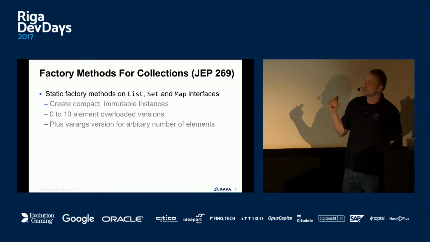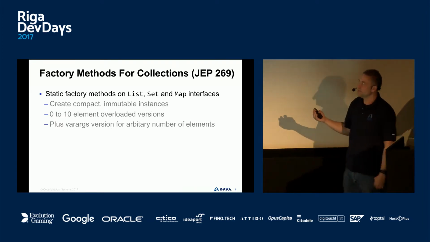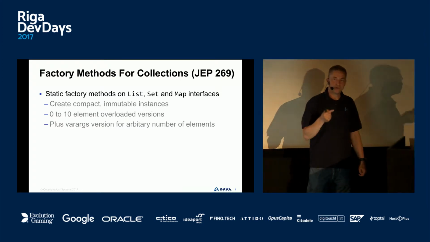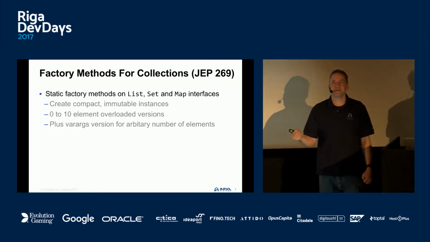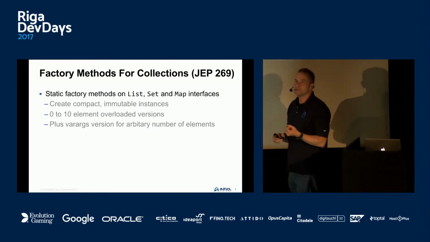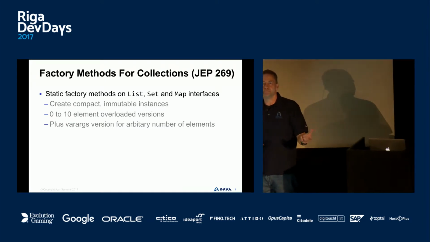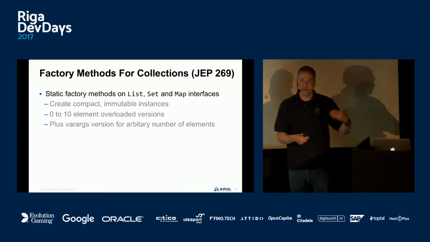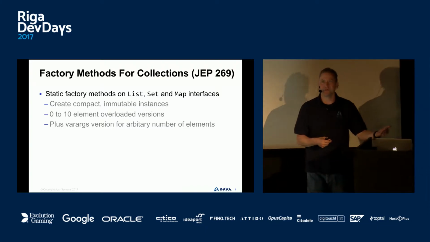The idea behind this is to simplify that. A number of new methods have been added to the collection interfaces, map, set, and list, and this has been done through static methods. A great thing with JDK 8 was that it introduced the idea of including static methods in interfaces.